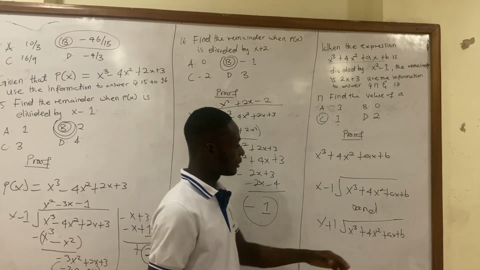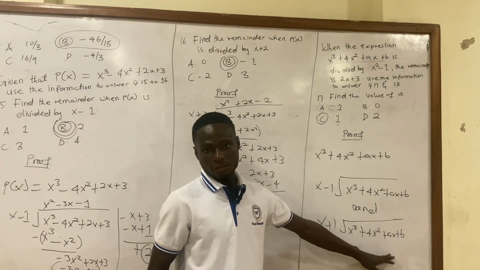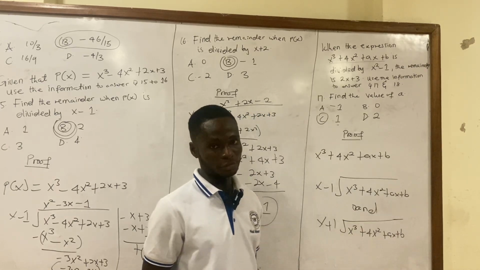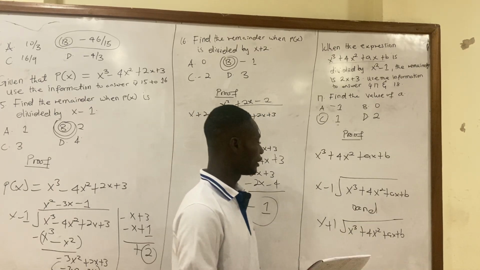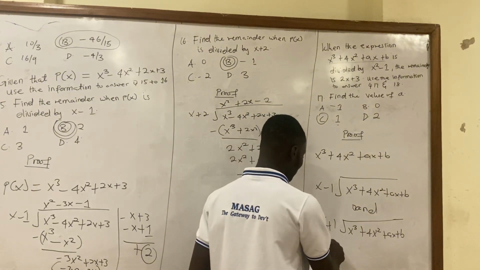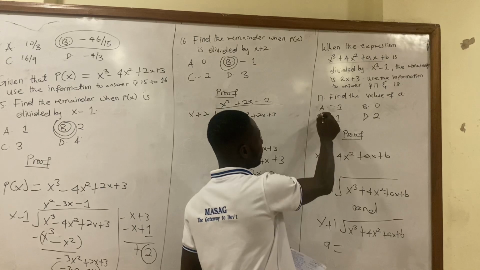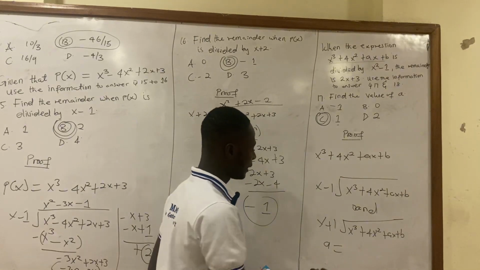So what you have, the equations you have here and then here, you solve them simultaneously, and then you obtain the value of a and b, and that a is 1.